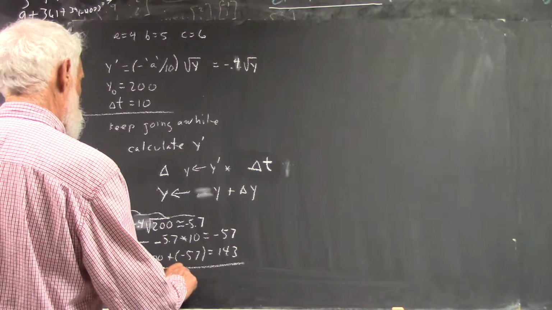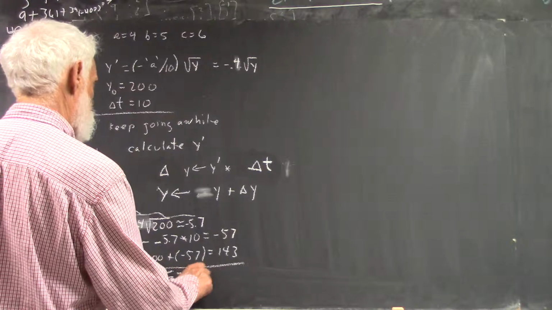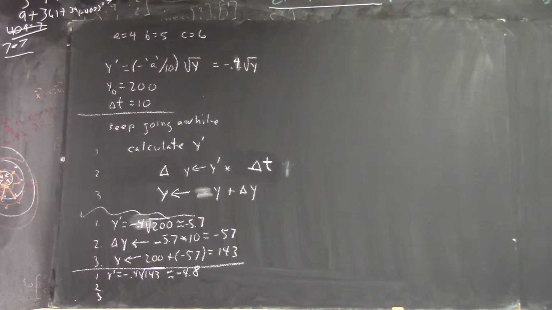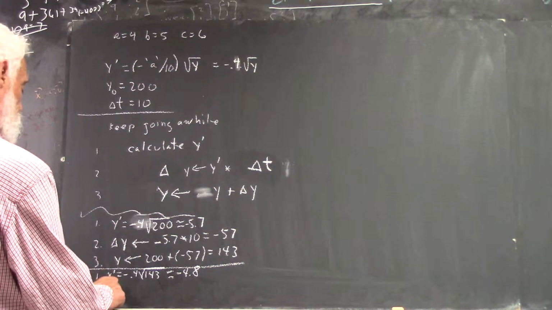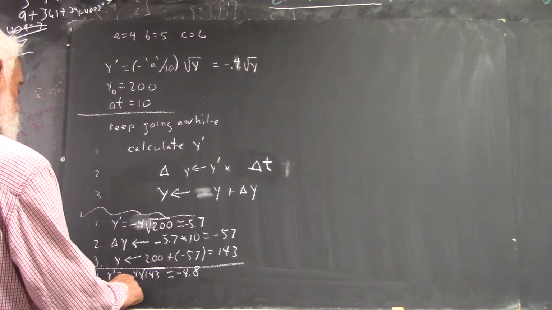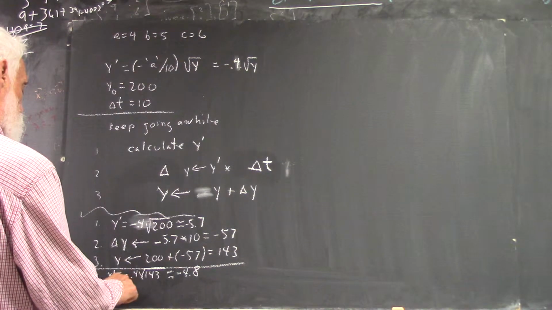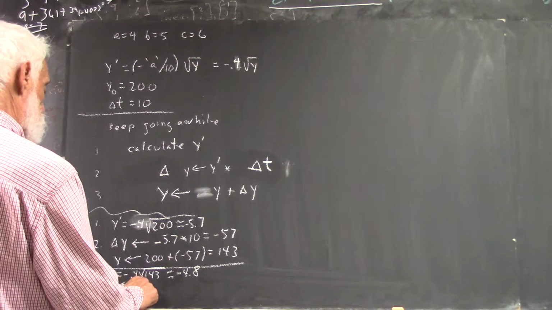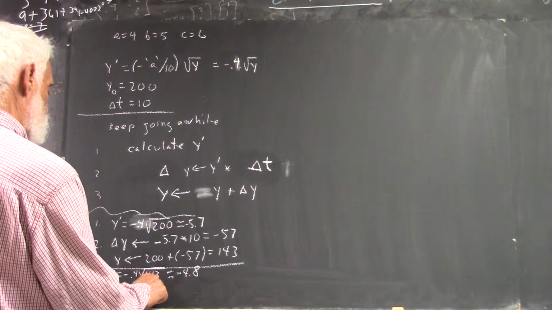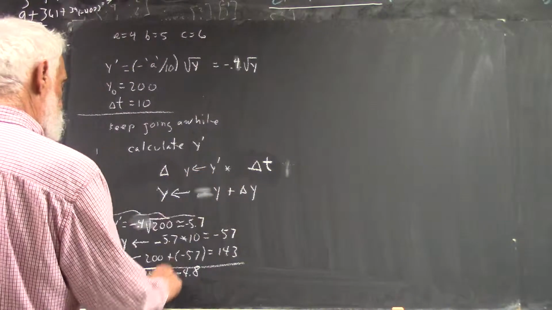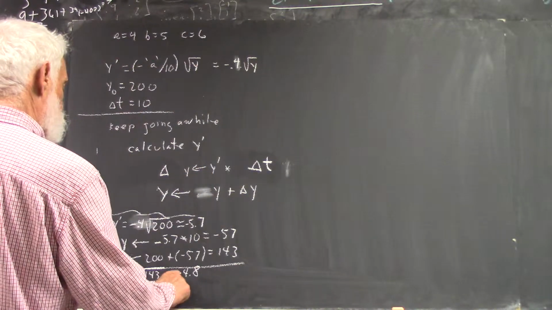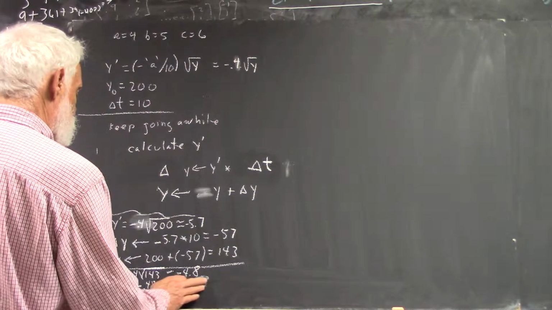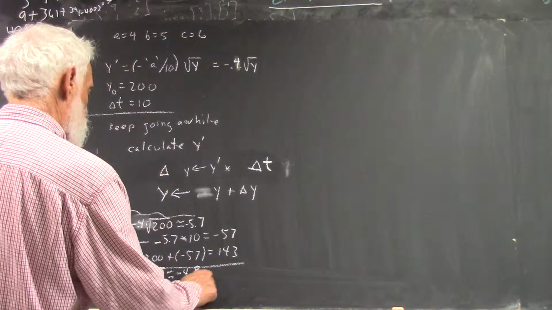And that's real close to negative 4.8. Okay? And then in the second step, delta y will be replaced by negative 4.8, which is y prime, times 10, which is, yeah, it is negative 48.